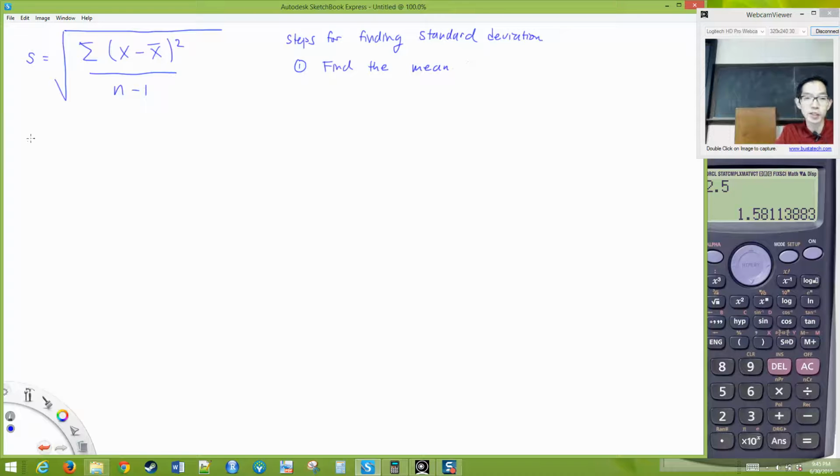And again, think of the standard deviation as quote-unquote average, not really, average distance points are from the mean. But it's not really the average, okay? Find the mean. Find the distance from the mean. Distance each point is from the mean.